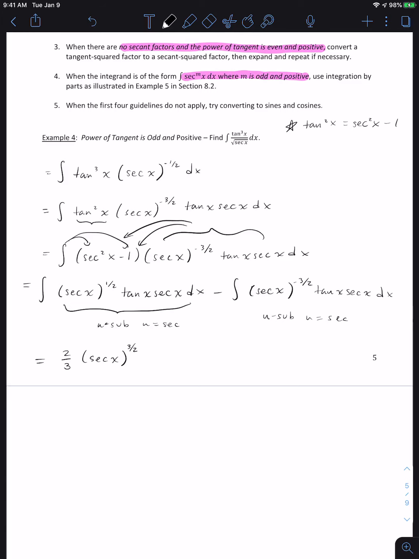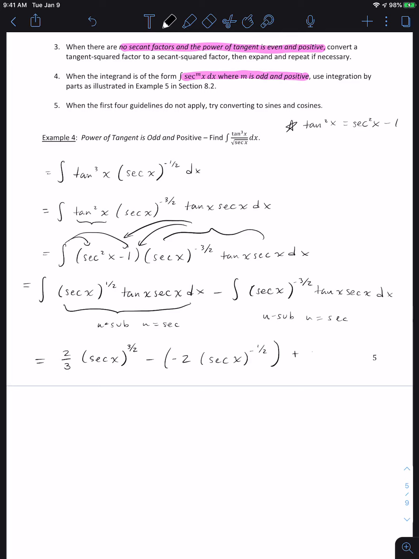Okay? And then I get minus, now -3/2. What I'm going to do, I'm going to bump up the power by 1, so that gives me -1/2. But I'm going to divide by -1/2, in other words, multiply by -2. So this is secant x to the -1/2.